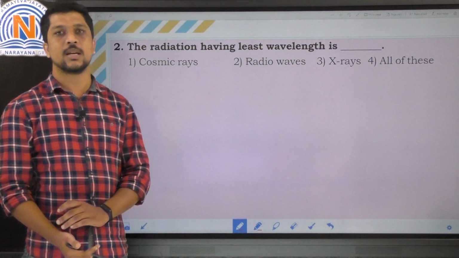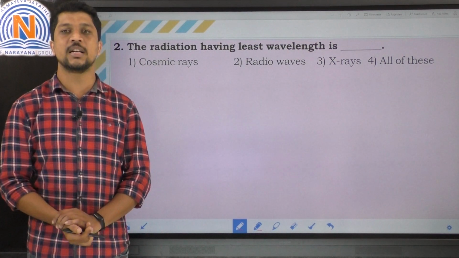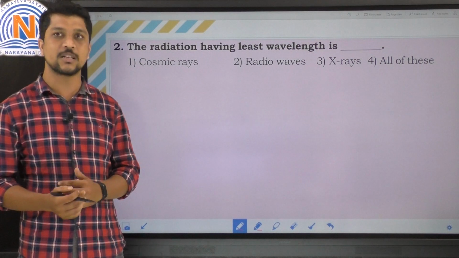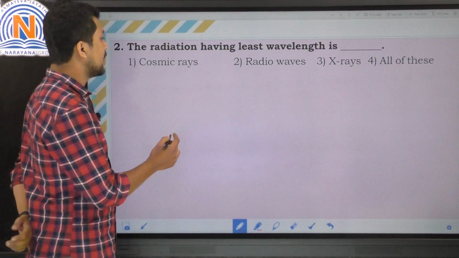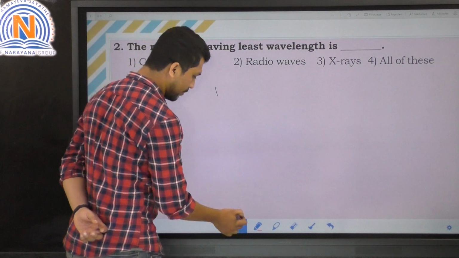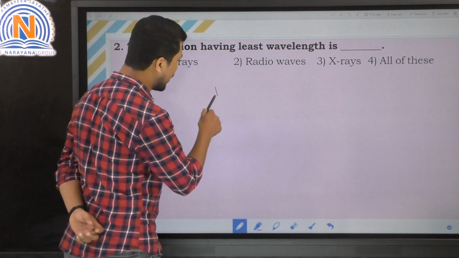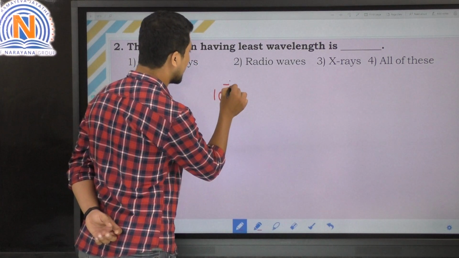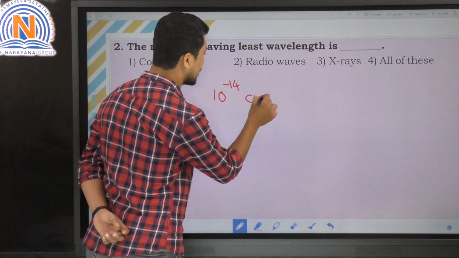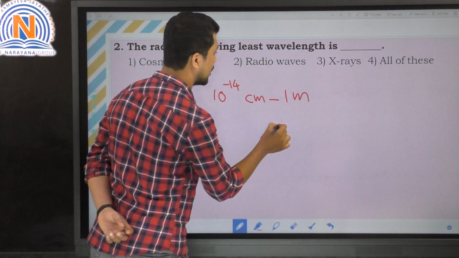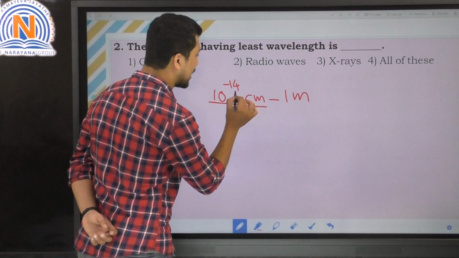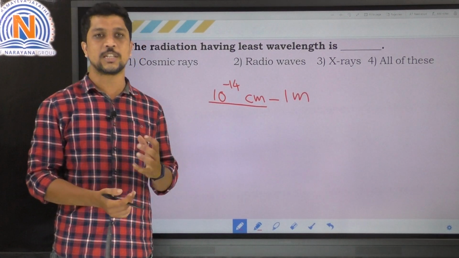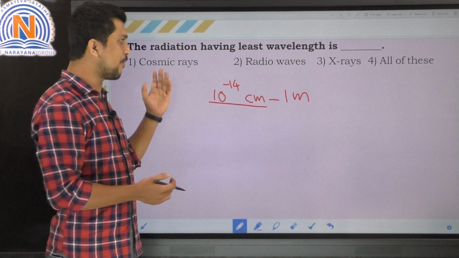Here the second question: the radiation having least wavelength is. According to the electromagnetic spectrum, the wavelength range is 10 power minus 14 centimeters to 1 meter. So this 10 power minus 14 centimeter is the least wavelength.